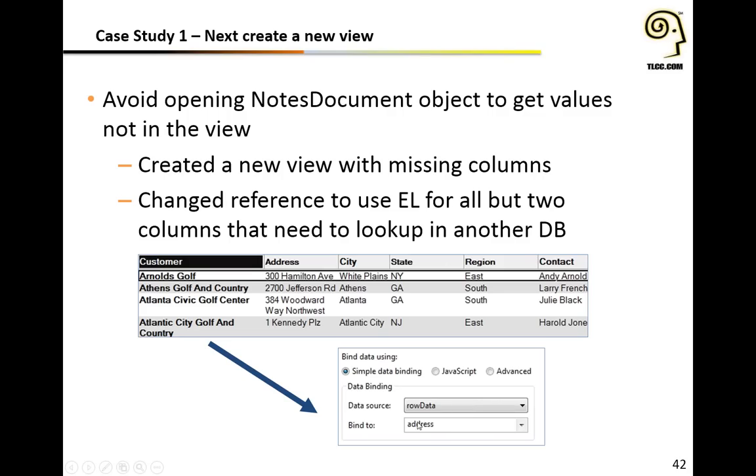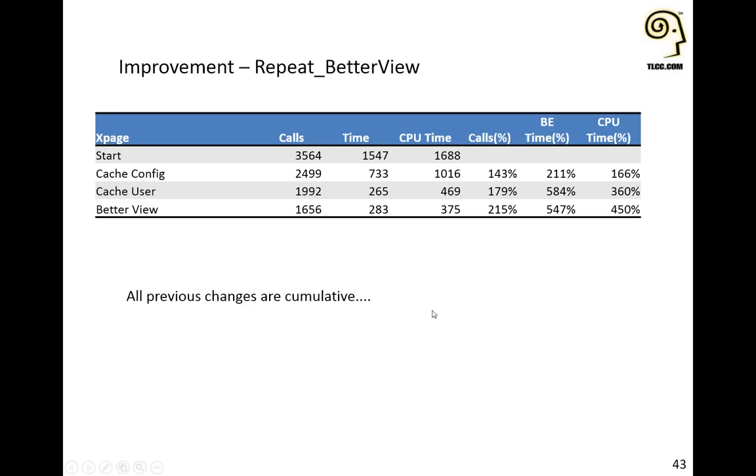So in our XPage, we can just refer to that using the repeat variable, and we didn't have to actually get the notes document and open it up to get the address field, we pulled the information out of the view index. Obviously, that should be a lot faster. And it was a little faster, not as much as you would think, but it was a little bit quicker.